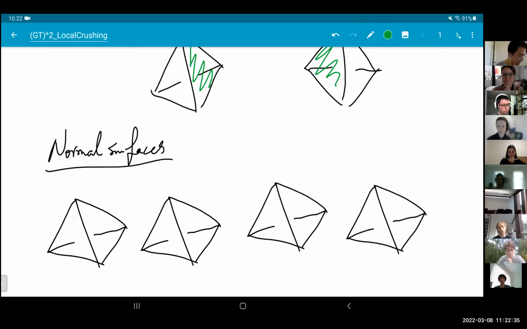So what we want is the intersection with each tetrahedron is a collection of disks, and the disks come in 7 types. So there are these 4 triangle types. Each of the triangles just slices off a vertex, and you have 4 quadrilateral types, which I should take care to draw properly.